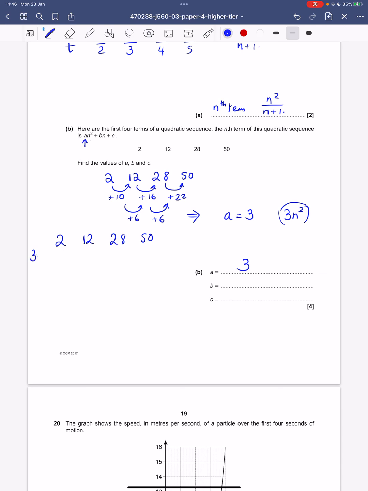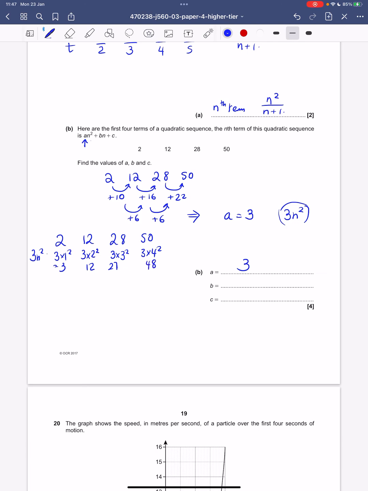If we do 3n squared, this is going to be 3 times 1 squared, which is 3. 3 times 2 squared, which is 12. 3 times 3 squared, which is 27. And then 3 times 4 squared, which is 48.